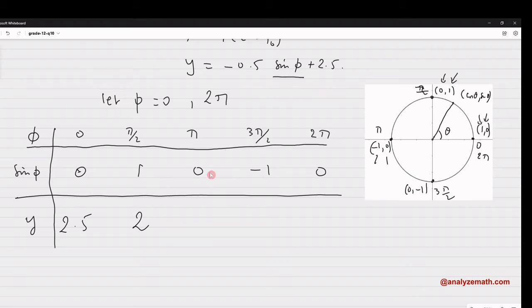Sine phi equal to 0, put 0 here, that gives 2.5. Sine phi equal to negative 1, put negative 1 here, plus 0.5, that gives 3. And then the last one, 2.5.